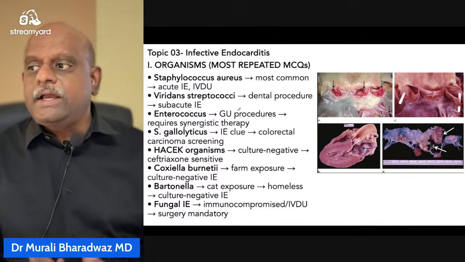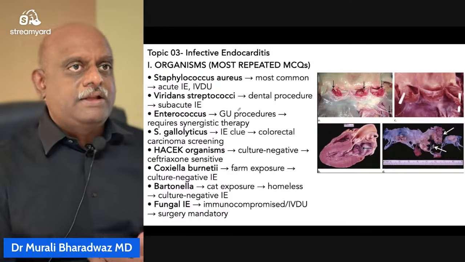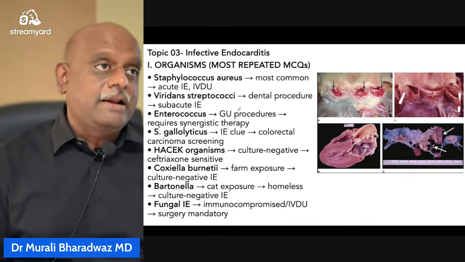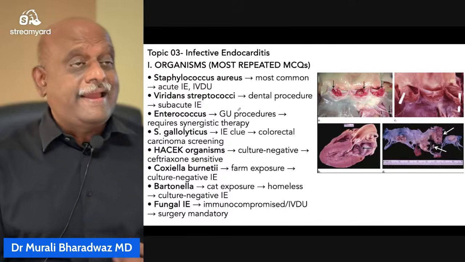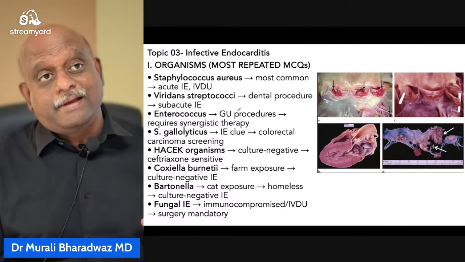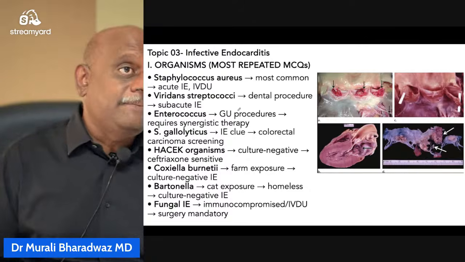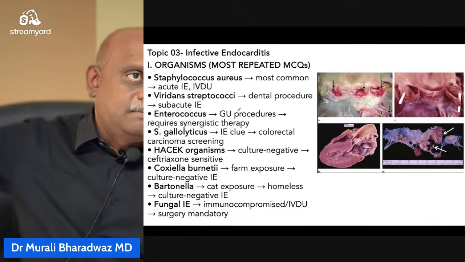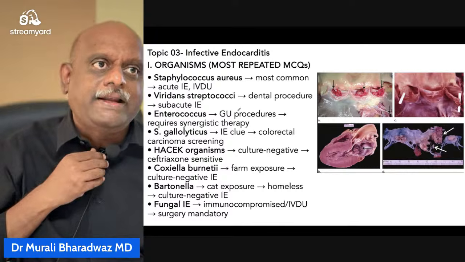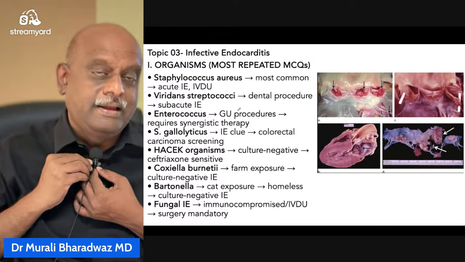Then there is the HACEK group of organisms. What is the HACEK group? H for Haemophilus, A for Acinetobacter, E for Eikenella corrodens, and K for Kingella kingae. Where do you expect them? Normally you do blood culture to detect staphylococcus and all.